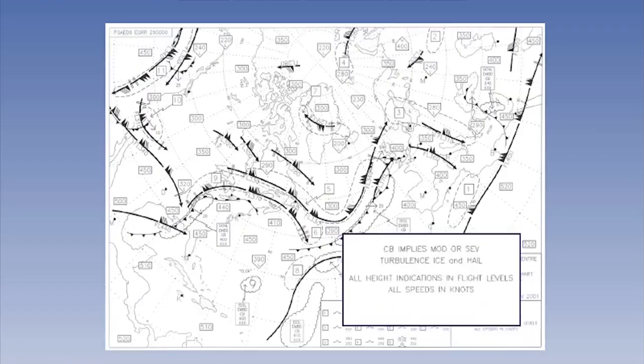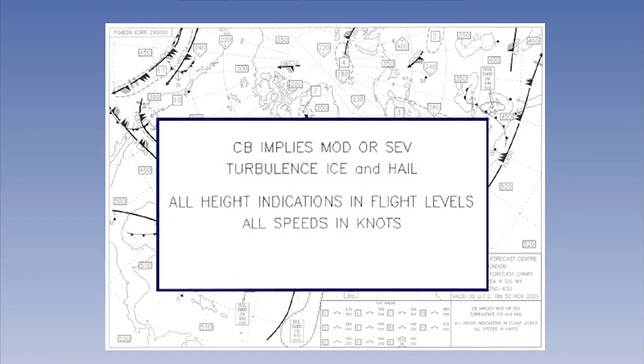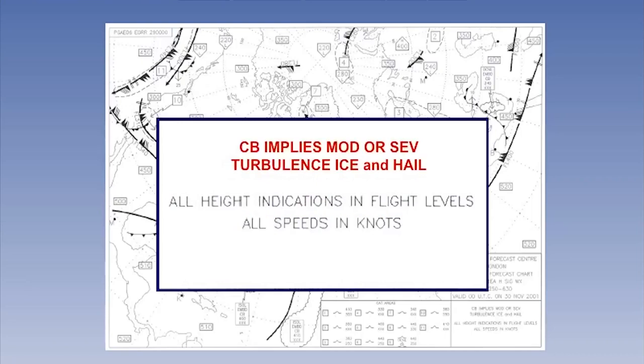The other information which is displayed in the legend is largely self-explanatory, but a useful reminder that all height indications on the chart are in flight levels, all speeds are in knots, and CB, or cumulonimbus clouds, imply moderate or severe turbulence, ice, and hail.